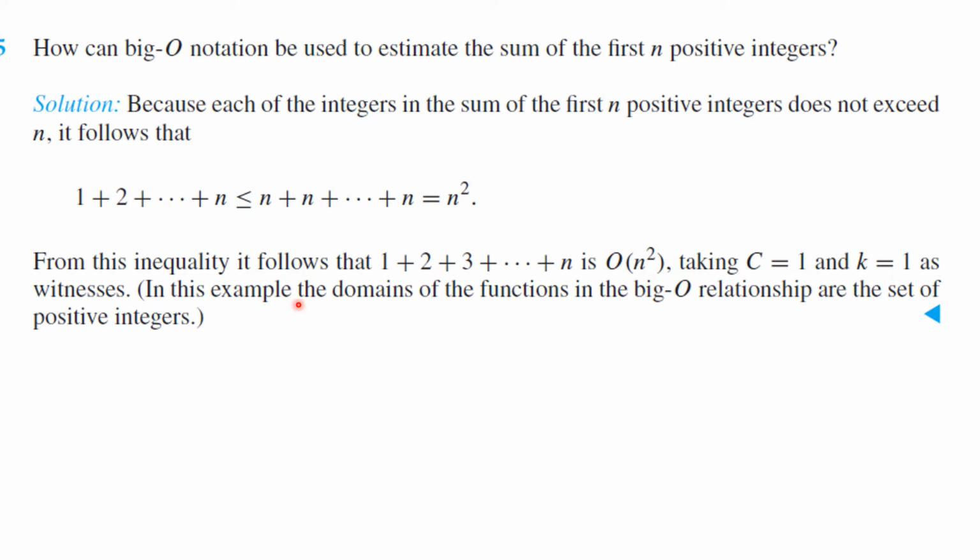So from this inequality, it follows that 1 plus 2 plus 3 plus all the way up to n is big O of n squared, because we can have k equals 1 and c equals 1 as witnesses. In this example, the domains of the function in the big O relationship are the set of positive integers.